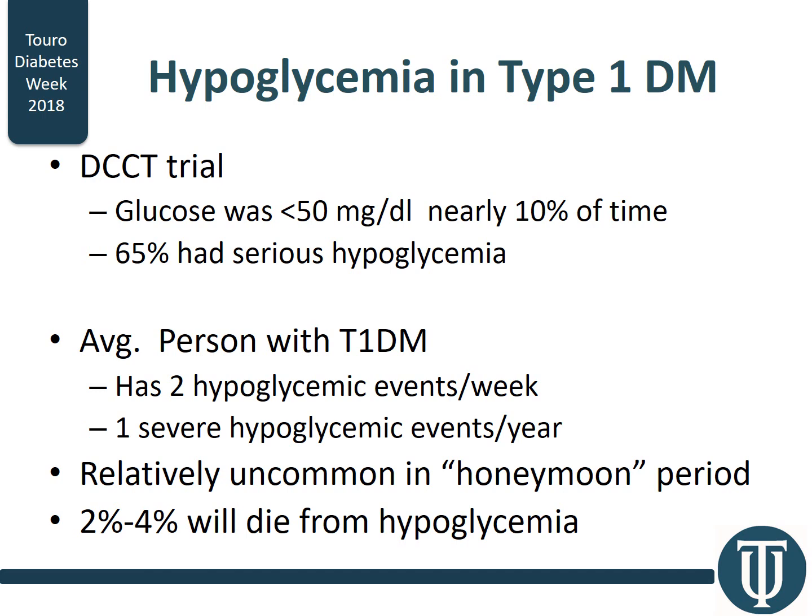When we try to quantify that into daily life, the average person in this trial with type 1 diabetes has 2 hypoglycemic episodes per week and 1 severe hypoglycemic episode per year. And that's really problematic because this means that they actually need to be rescued from somebody else. And then there is still mortality from hypoglycemia, so 2 to 4% of people with type 1 diabetes can die from a hypoglycemic episode.